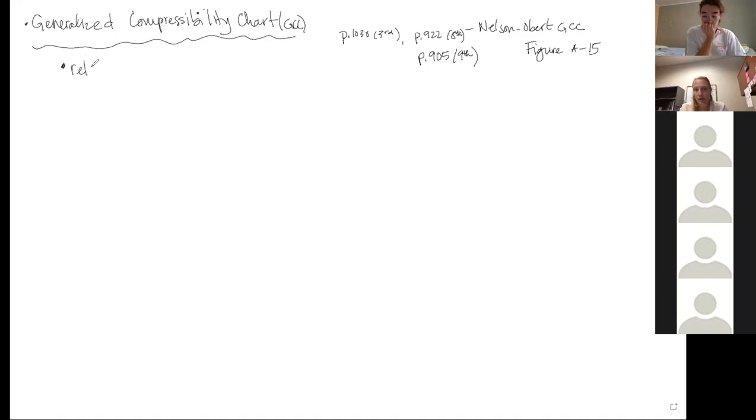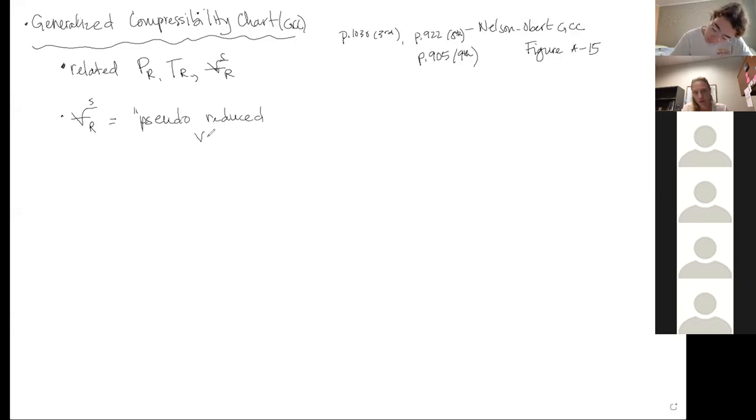I don't use pseudo-reduced volume a whole lot because it's one of the more complicated terms, but these charts relate our reduced pressure, reduced temperature, and this specific volume reduced, which is what we call pseudo-reduced volume.